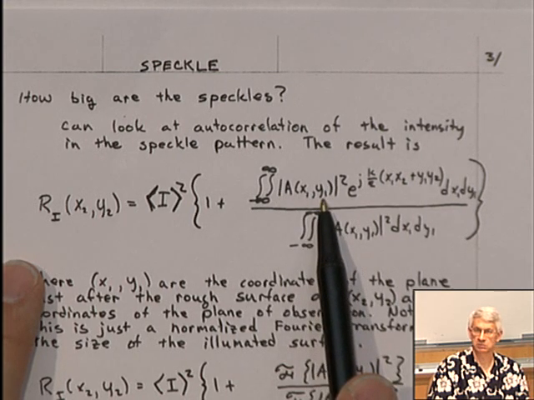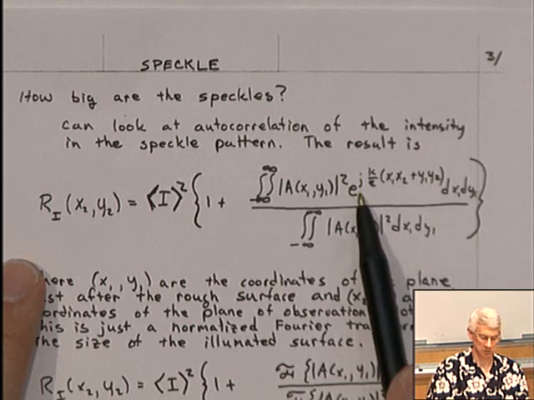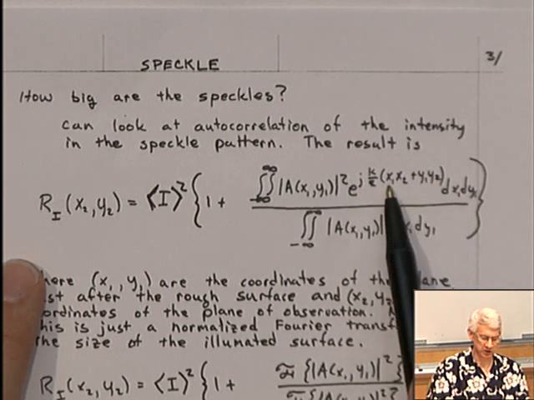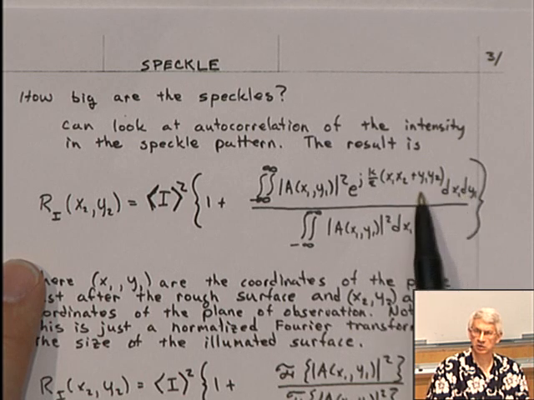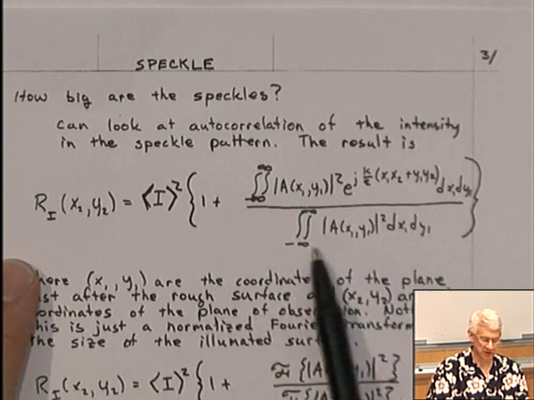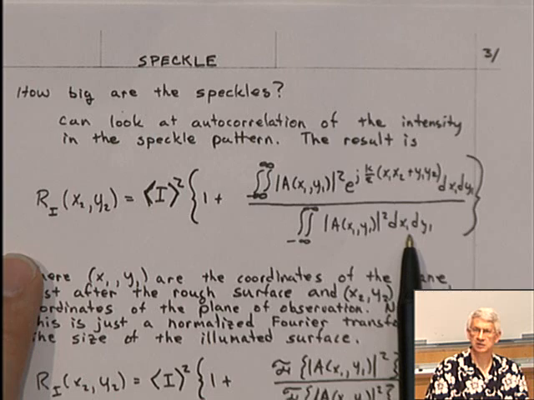In other words, just a laser beam here with a Gaussian coming out of it. It's just the Gaussian, or it could be a square or whatever may be the size of the rough object, depending on how big we're illuminating it with a laser beam. And it's that irradiance Fourier transform. Okay, so this is just a Fourier transform representing the observation and illumination planes. And that's just normalized by the amount of power that's illuminating the surface.